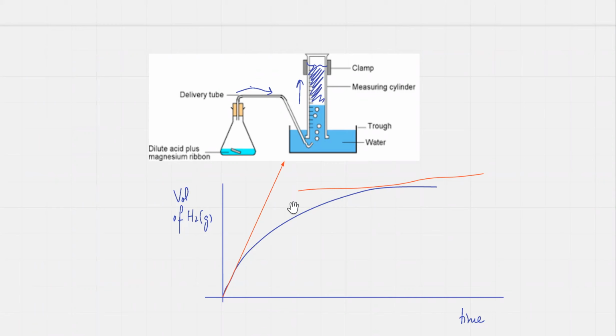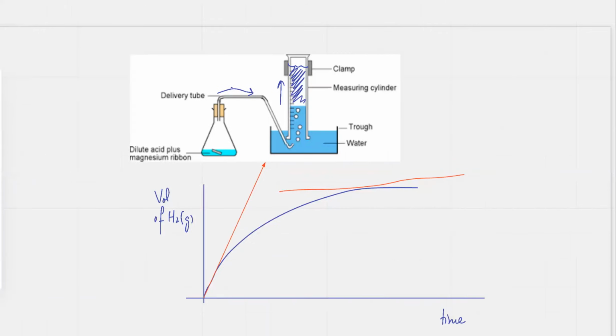It would increase with time. The gradient would be very steep initially, but then the gradient would become less steep because reactions usually slow down over time. So it's fast in the beginning, slower at the end.